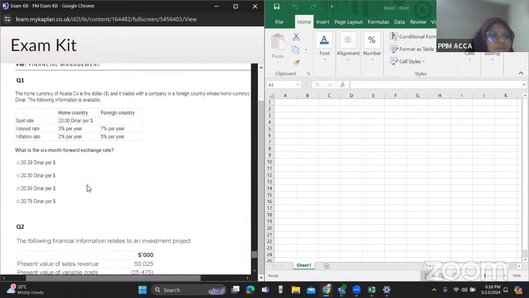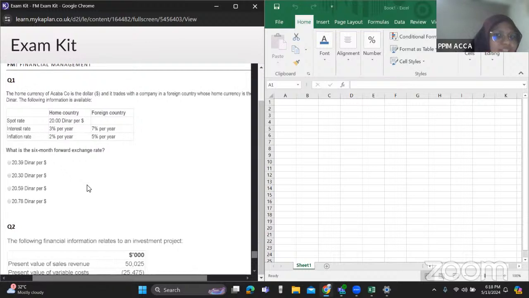Right. So let's go through question 1. It's saying the home currency of ACCA company is the dollar, and it trades with a company in a foreign country whose home currency is the dinar. The following information is available. They're giving me the spot rate, then the interest rate in the home country, inflation rate in the home country, and interest rate in the foreign country, as well as inflation rate in the foreign country.